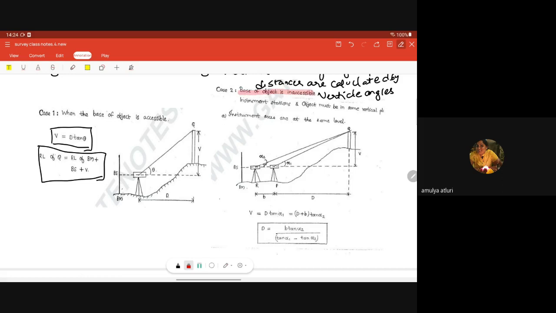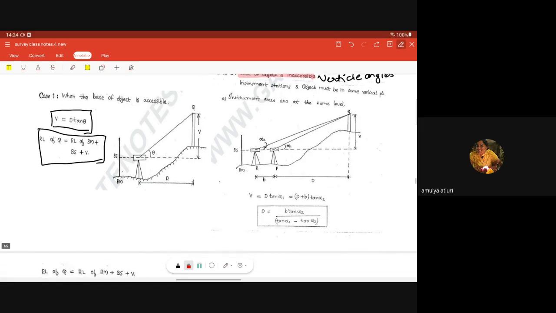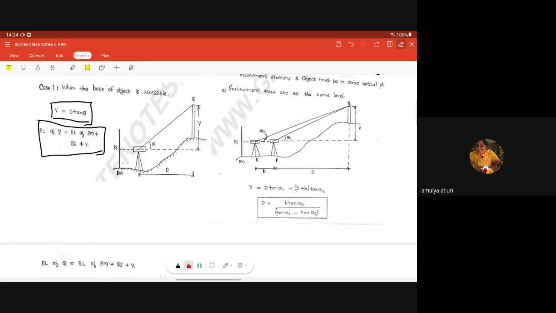Next, the base of the object is inaccessible, right? So instrument stations and the object station must be in the same vertical plane. You can see my instruments are placed on the same axis, right?